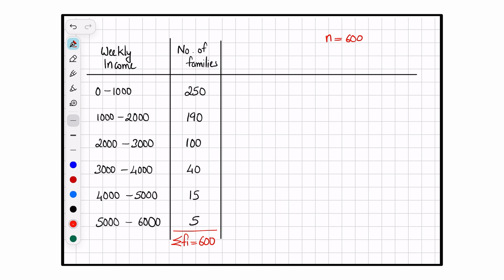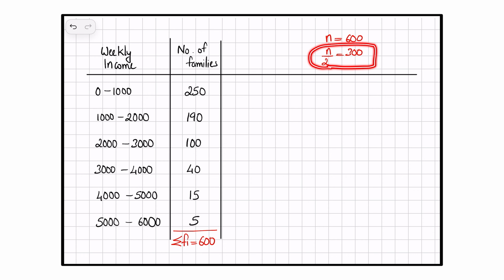It will be n by 2 is equal to 300. In this particular question we have to find the income of the 300th family. That will be the exact middle value or the median income. So keep this in mind, that the middle value is 300.